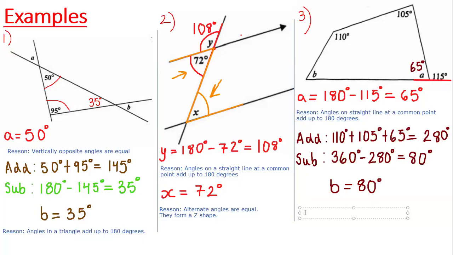Angles in a quadrilateral add up to 360 degrees. That's the reason. Good. All right, good.